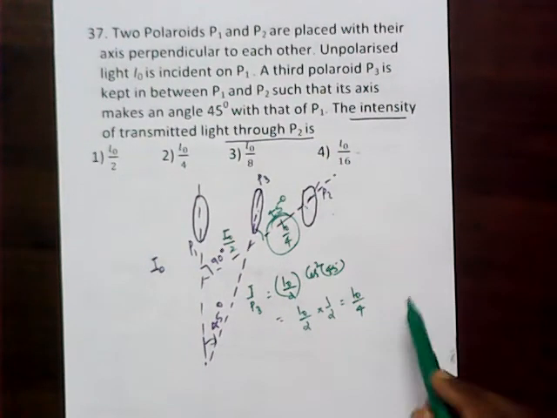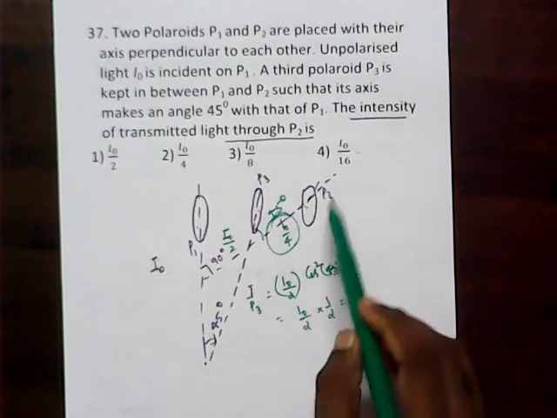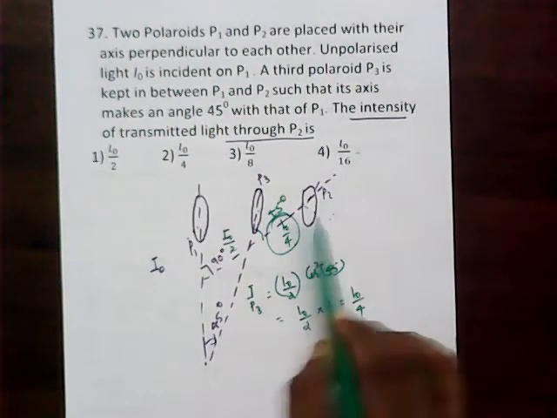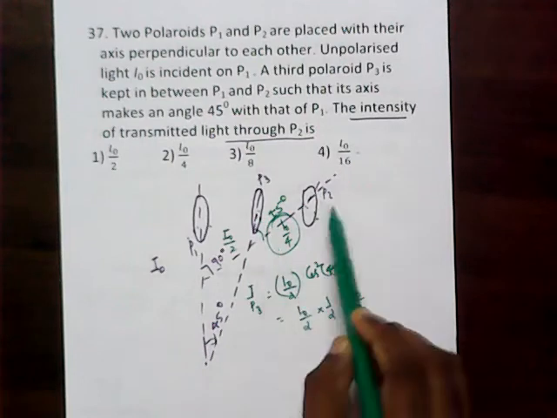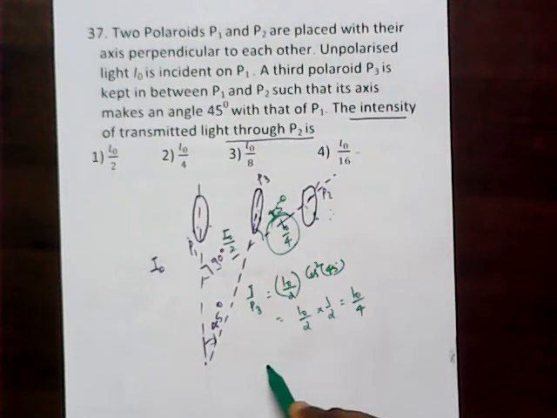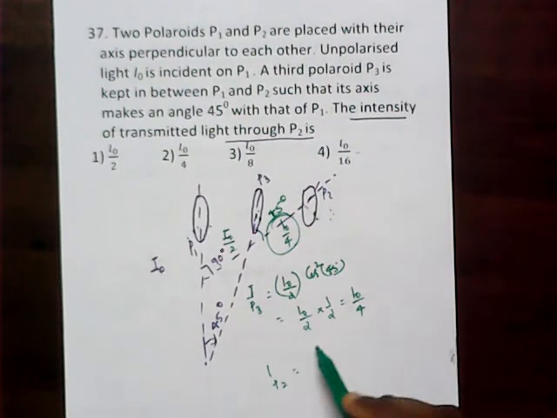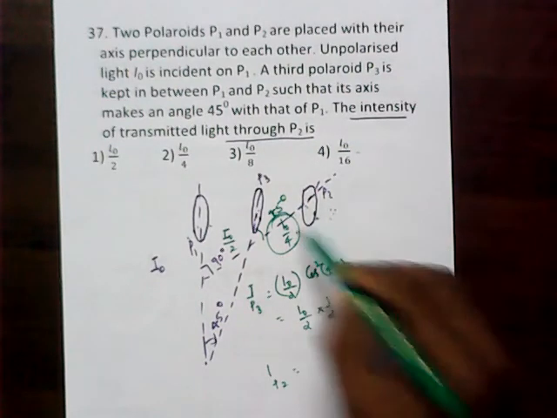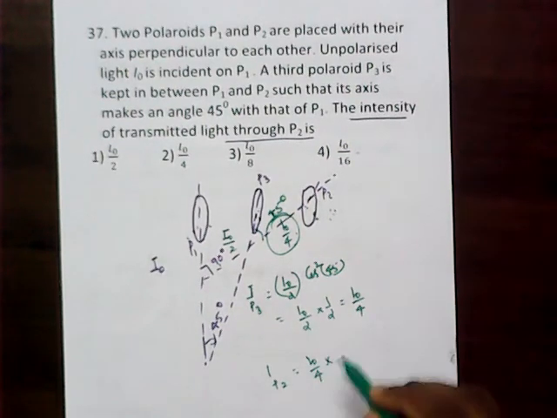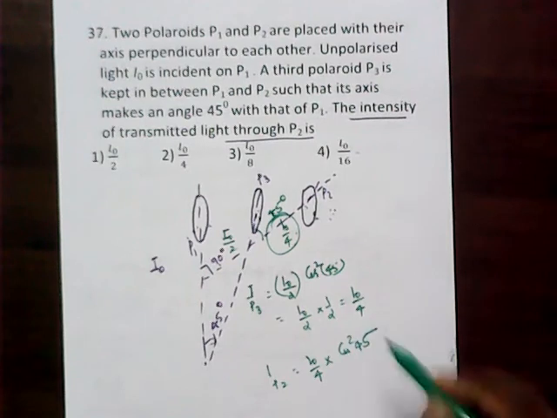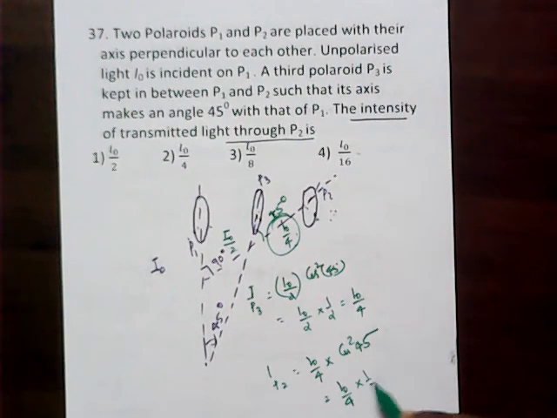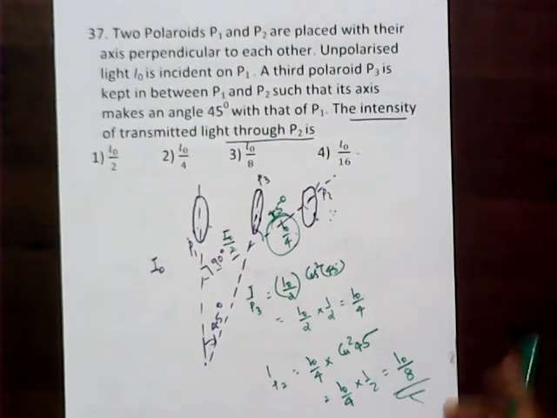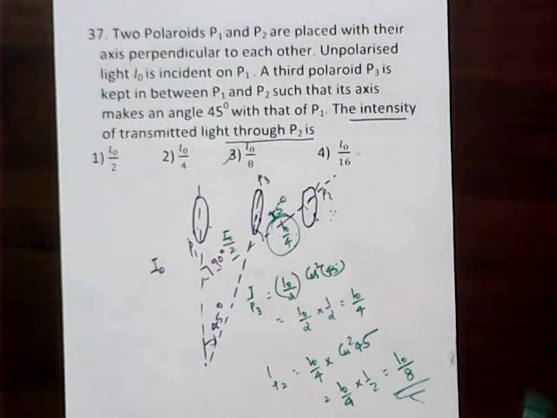That is the speciality: initially P1 and P2 are perpendicular to each other, that is 90 degrees, and halfway there is this one, so the angle between them becomes 45. So I from P2 is I0 by 4 into cos square 45. What is the value of cos 45? 1 by root 2, squared, is 1 by 2. So I0 by 8. A good question. So 3 is the answer.